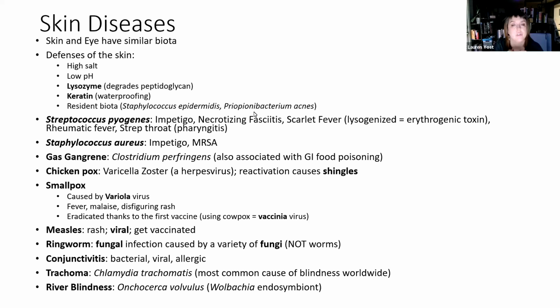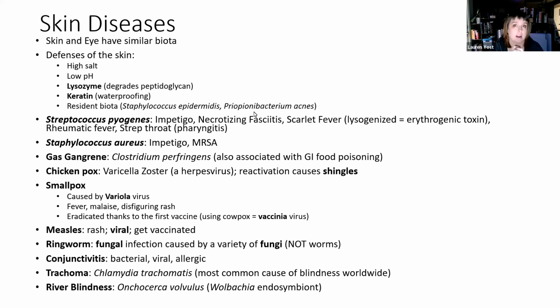When you have development of scarlet fever, this is caused by being lysogenized by a phage. And what that means is that a bacteriophage, which is a virus that infects bacteria, has infected Streptococcus pyogenes and incorporated itself into S. pyogenes' genome, inserted it into the DNA of the bacteria.